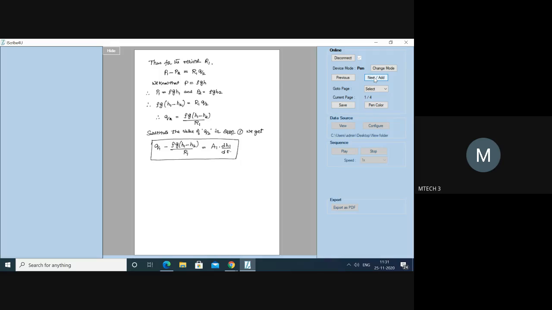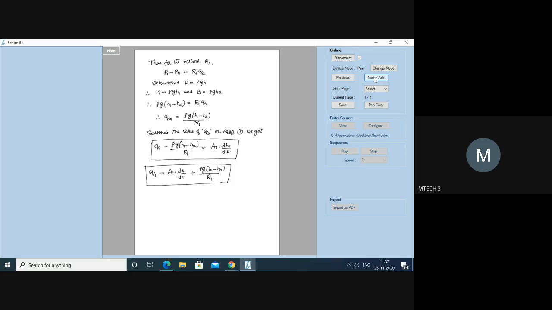Okay, before that, you write Q1 is equal to A1 dH1 by dt plus rho g (H1 minus H2) by R1. Please write this so that it is very clear. Just rearrange: send that to the right side.